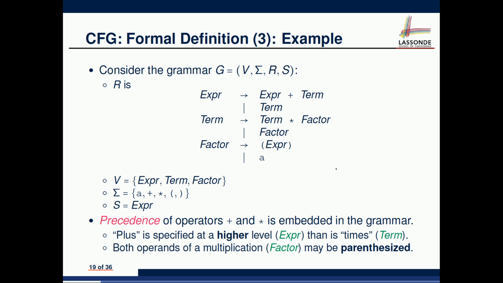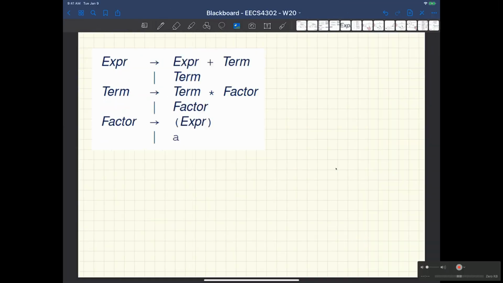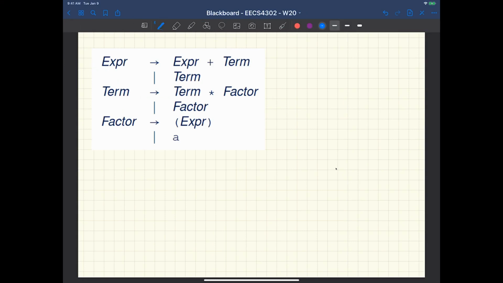Let's say that's the grammar we just looked at on the slides. So now, are we going to get any ambiguity when we say a plus a multiplied by a? Are we going to get ambiguity? That's the question.